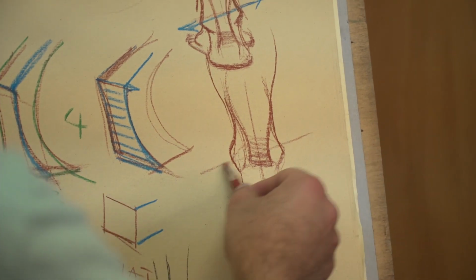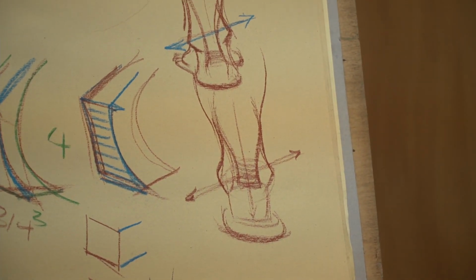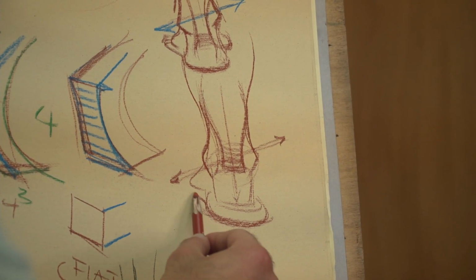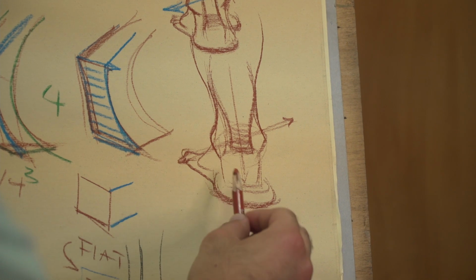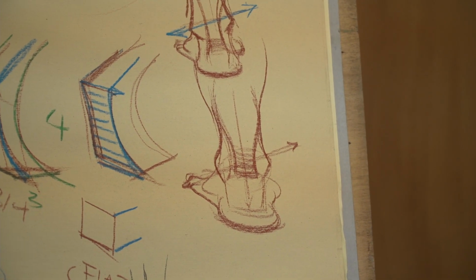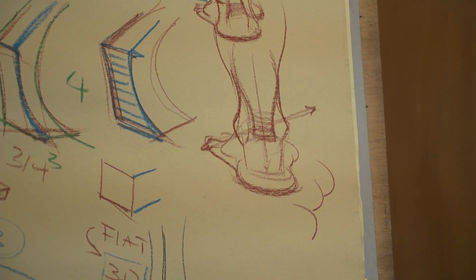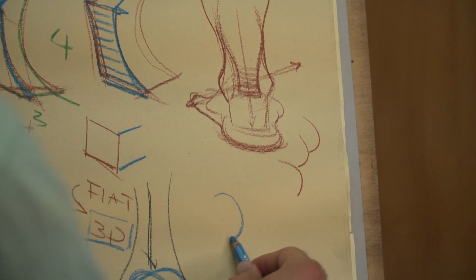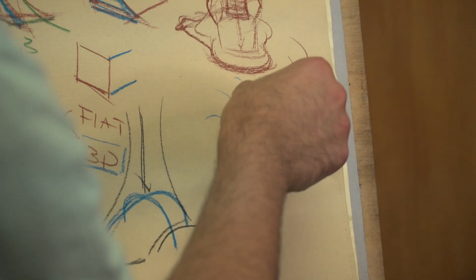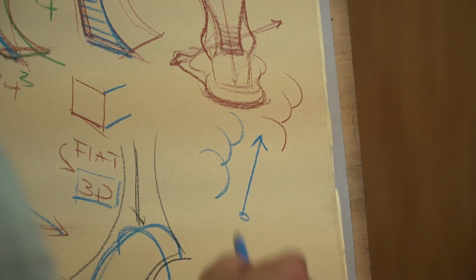So you see this line and this direction is really important. And then by using just overlaps, I can show the depth. Here, overlaps can help us to really show this longitudinal movement of forms into space.